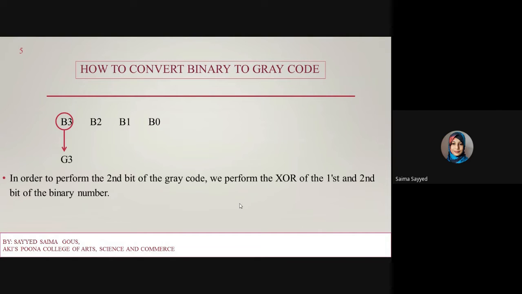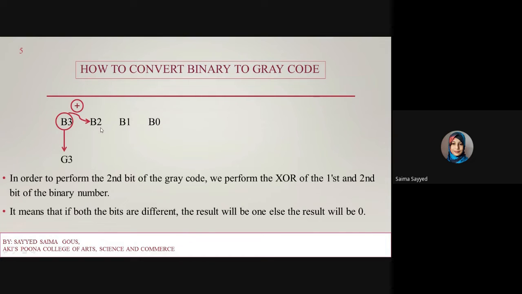Now, to find G2, the second bit of gray code, we have to perform XOR between the first bit of the binary number, B3, and the second bit, B2. What is the XOR operation? If both bits are different, the result will be 1, and if both bits are the same, the result will be 0.